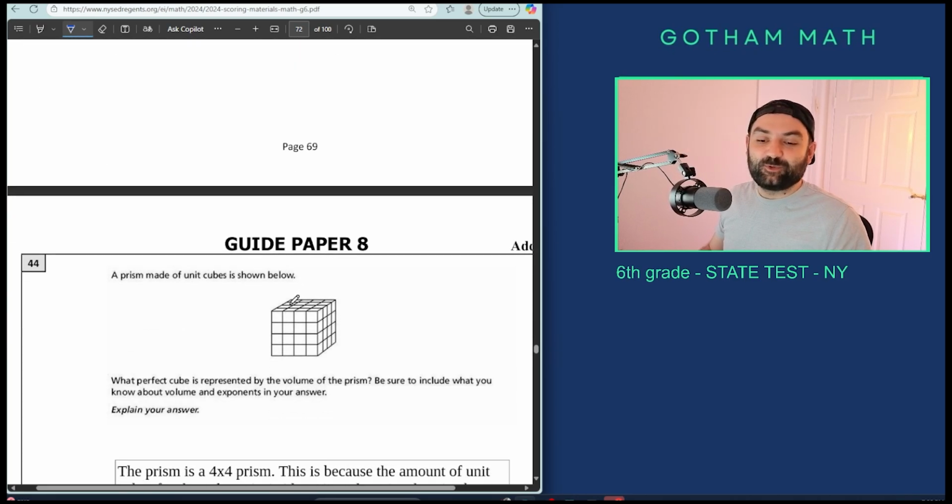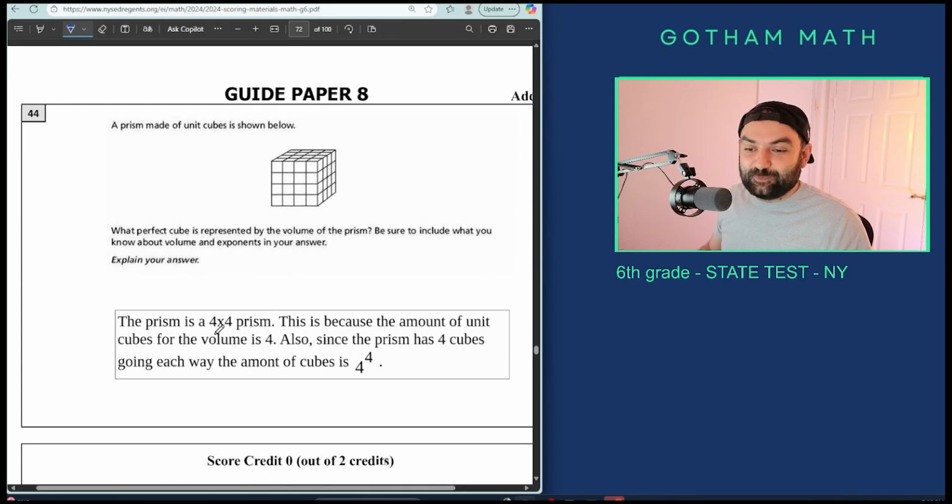Is there more? Okay, there's one more 0. The prism is 4 times 4. This is because the amount of unit cubes for the volume is 4. Also, since the prism has 4 cubes going each way, the amount of cubes... Oh, you were so close.